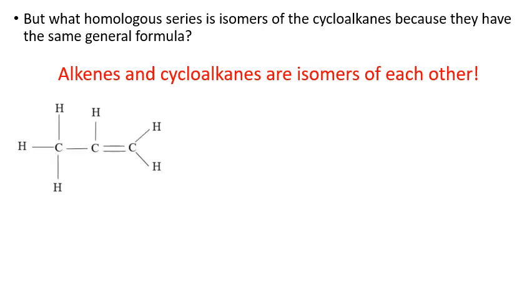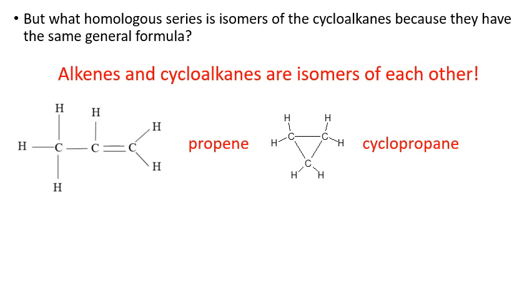So here we've got an alkene, we've got propene, and here we've got a cyclopropane. Now, they're isomers because they've got the same chemical formula, 1, 2, 3 carbons and 6 hydrogens. And this one here, count up the number of carbons, count up the number of hydrogens, C3H6. And they've got different structures, you can visually see that, and that results in them having different names.